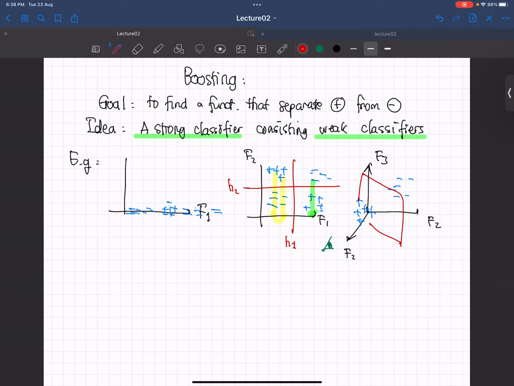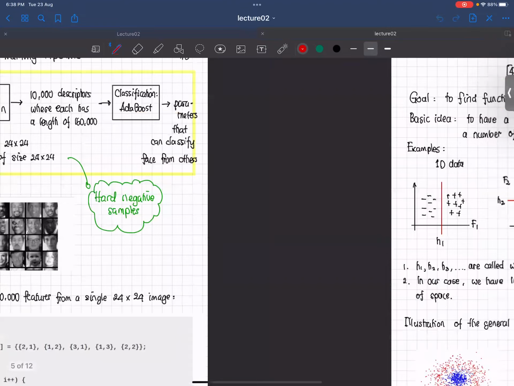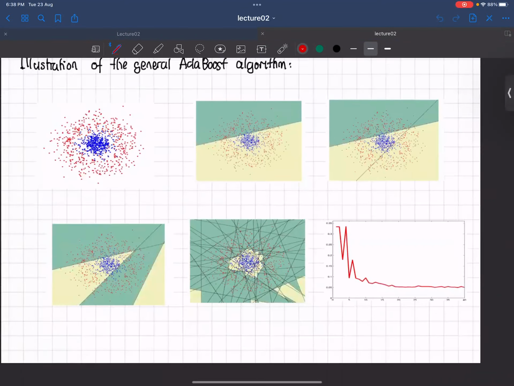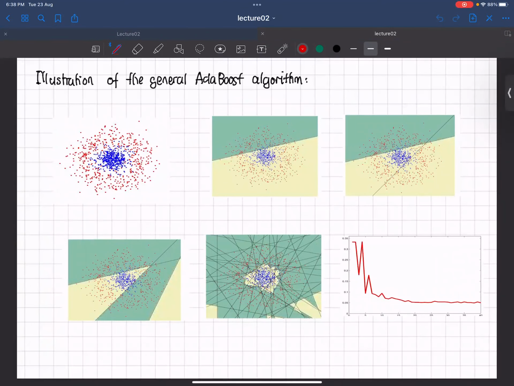All right, so I will give you another example. These are very complex distributions because the positive, the blue, is in the middle, and the negative, the red, are surrounding the blue ones. And as you can see here, there is a line here that is H1, weak classifier 1.